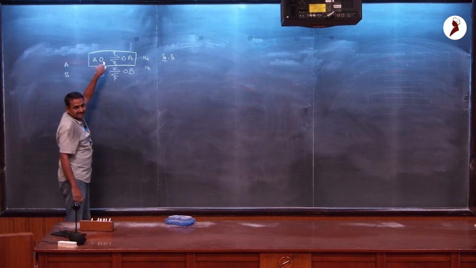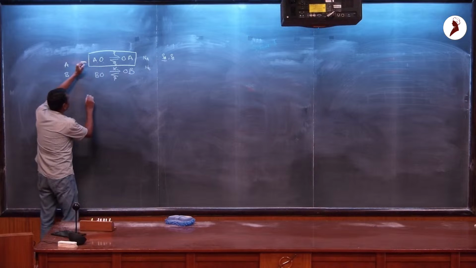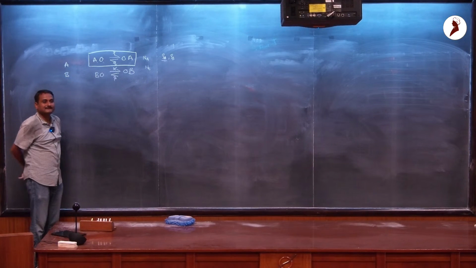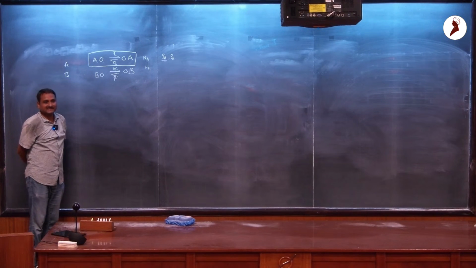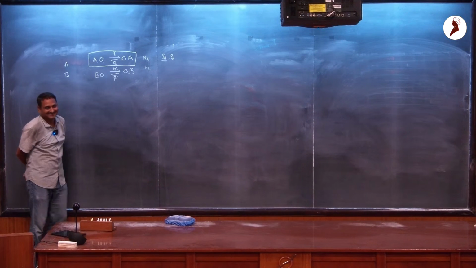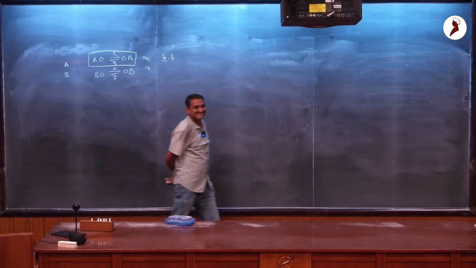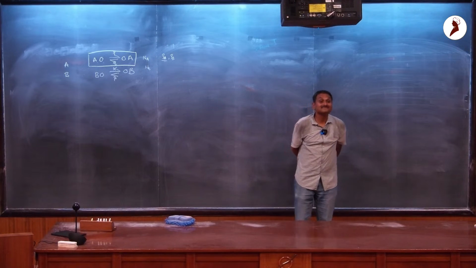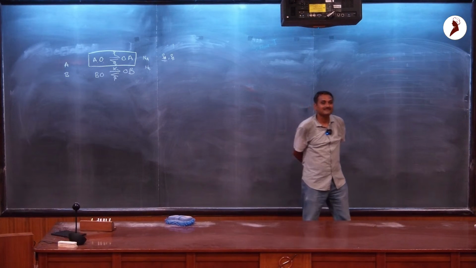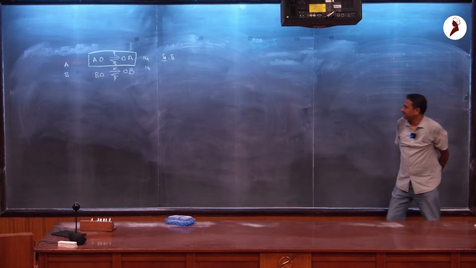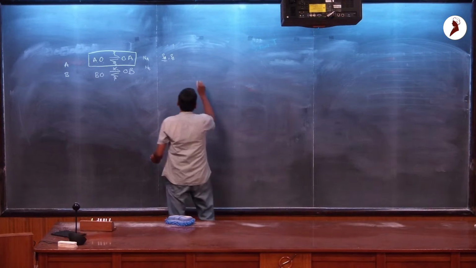AO is losing. So how many equations do you have to write? 2 sides, 3 different states. So how many equations? No, each side, you have a lattice. Okay, I have not defined this.